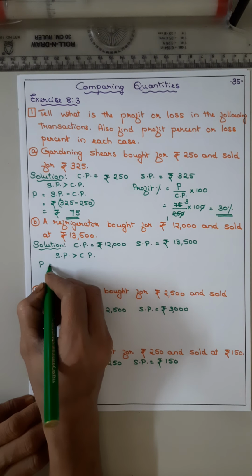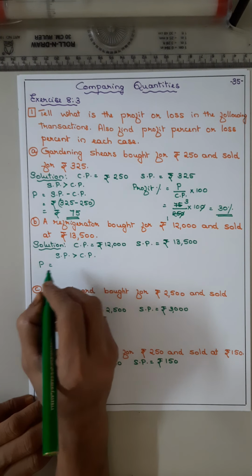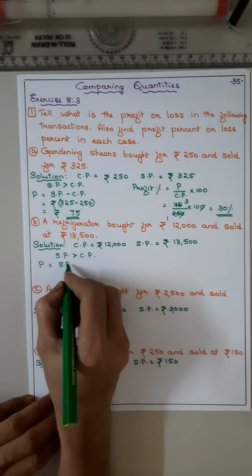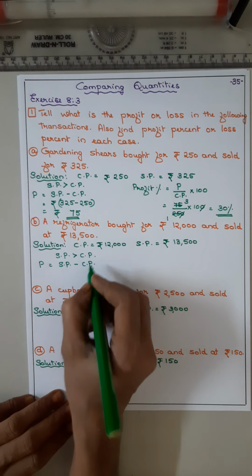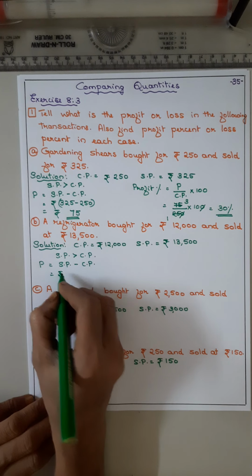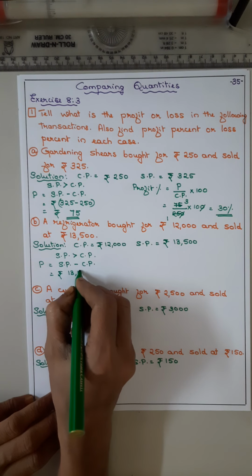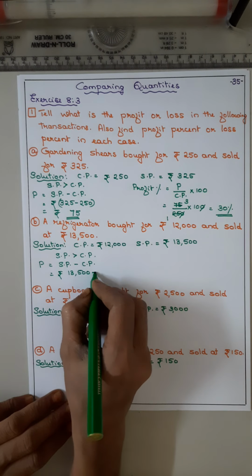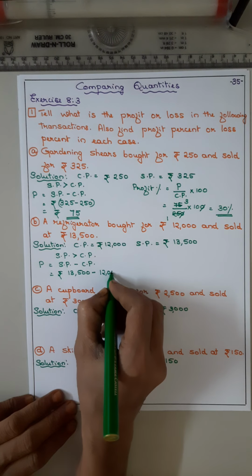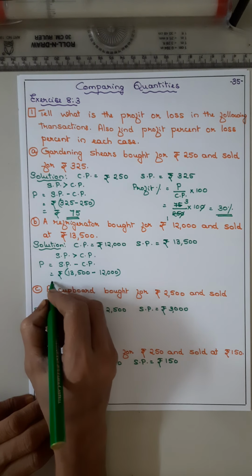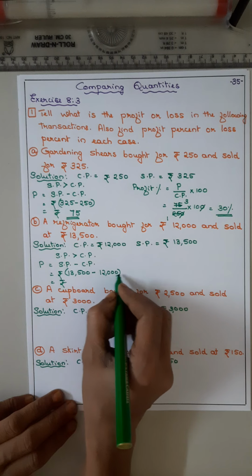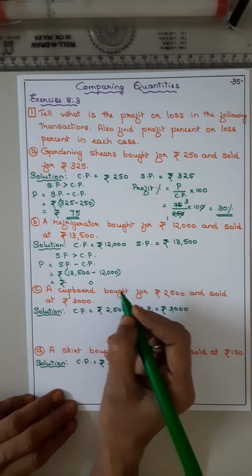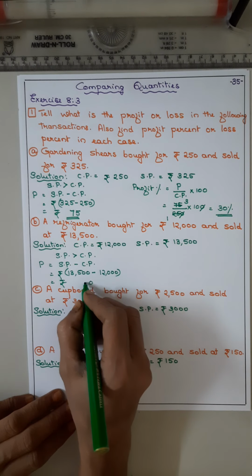So SP is greater, so profit is SP minus CP. That is equal to rupees 13,500 minus 12,000. Rupees 0, 0 minus 0, 0 minus 0.